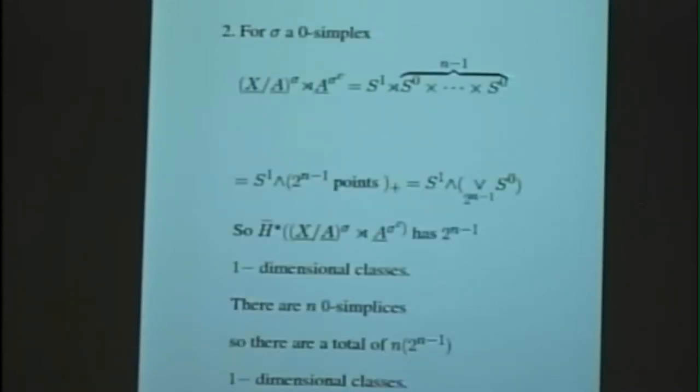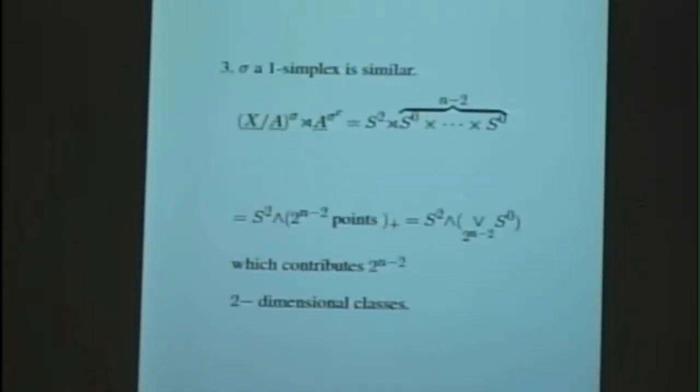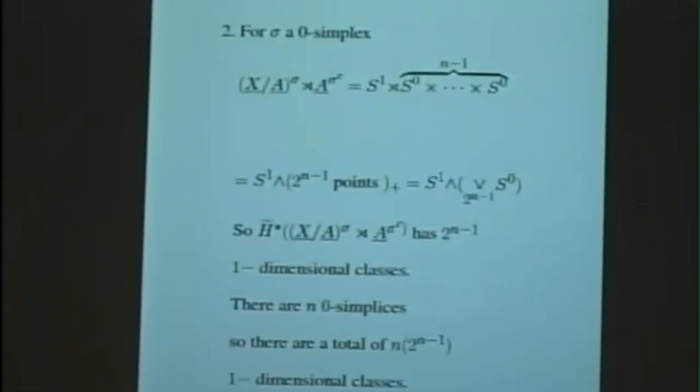When you go to a zero simplex, each of these pieces for every simplex gives 2 to the n minus 1 contributions to the Euler characteristic. But there are n zero simplices, so at the end of the day, you end up with n times 2 to the n minus 1 one-dimensional classes. And I'll admit it's not the best way to present. It's actually an easy calculation, but maybe it's not obvious from that. That's the right half smash.